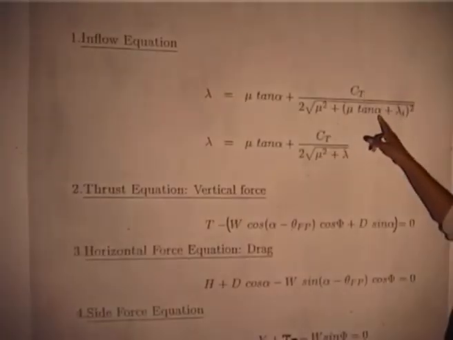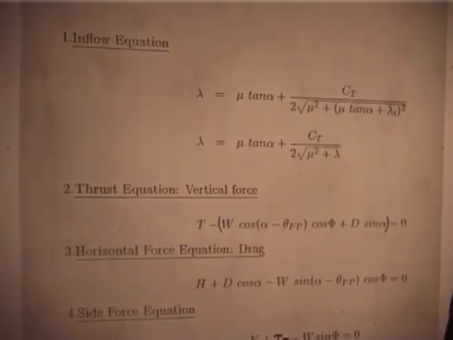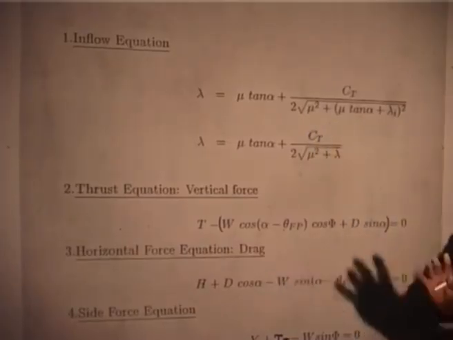Then you solve for lambda, inflow, because the inflow equation I showed you requires only Ct and alpha. Mu you will know, there is no problem, mu is given, that is the flight condition.